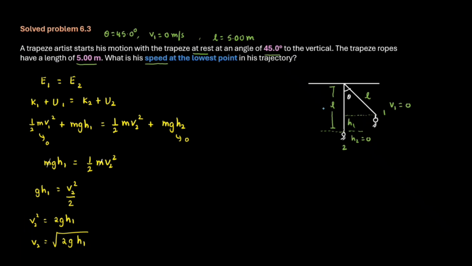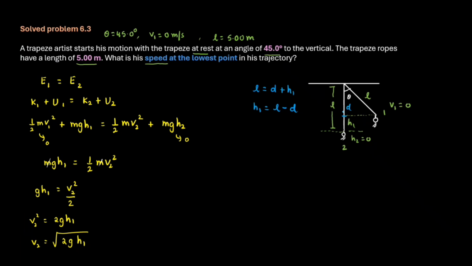We know that the total length of the string is L. And this is my height h1 at which the trapeze is initially raised. Let the remaining distance be called d. By looking at the figure, we understand that the length of the string can be written as the sum of d plus h1. I want to find h1, so we can rewrite this as h1 equal to L minus d. We need to find d in order to calculate h1.